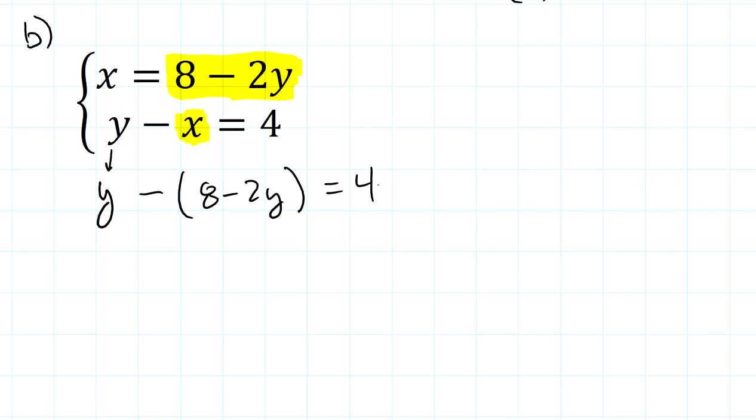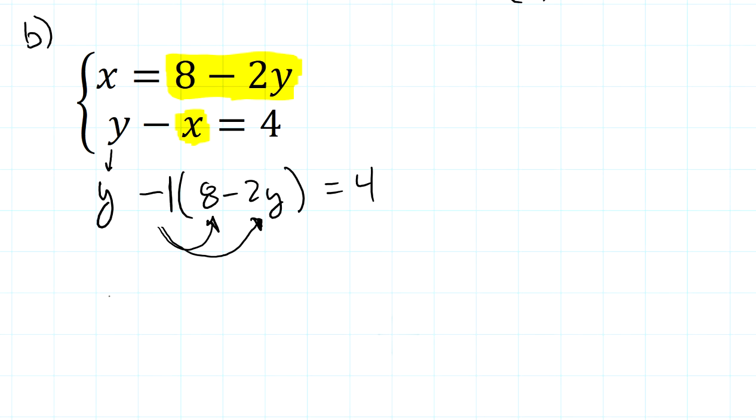This 8 minus 2y. So it's really important that I remember that I'm subtracting the entire quantity. So both of those actually will change signs, right? If I want to make it not subtraction, I can add the opposite. The thing that might be helpful is just to put a negative 1 here and just realize I'm distributing this negative 1 to each of the terms inside of the parentheses.